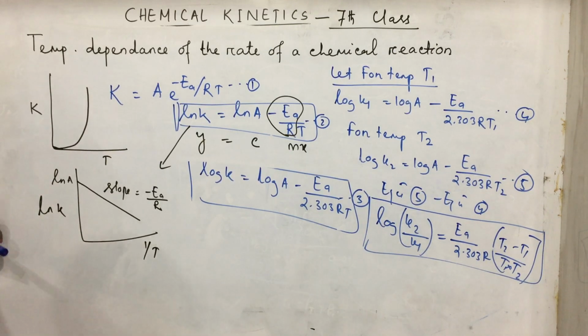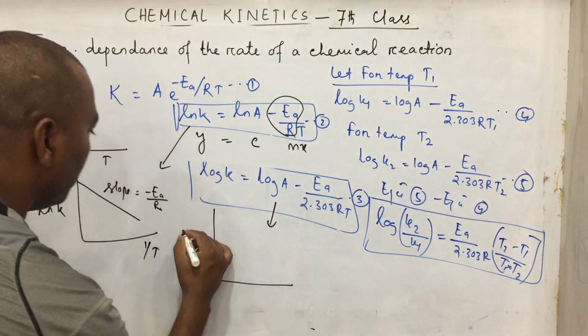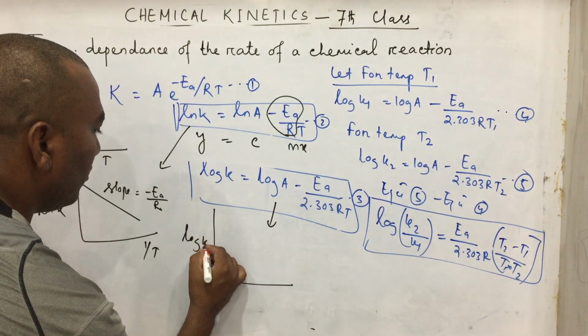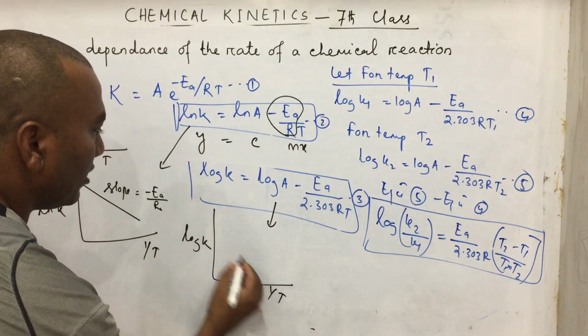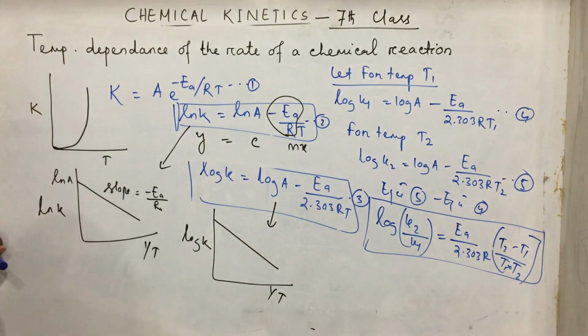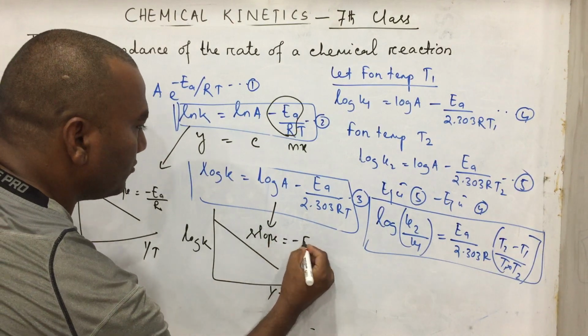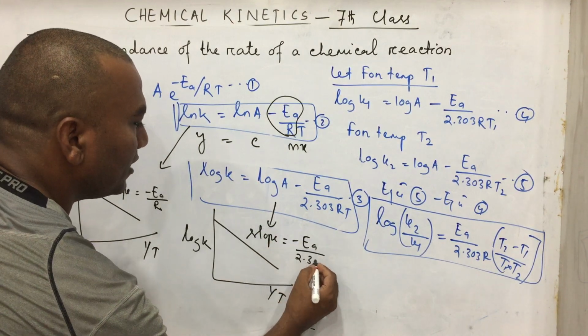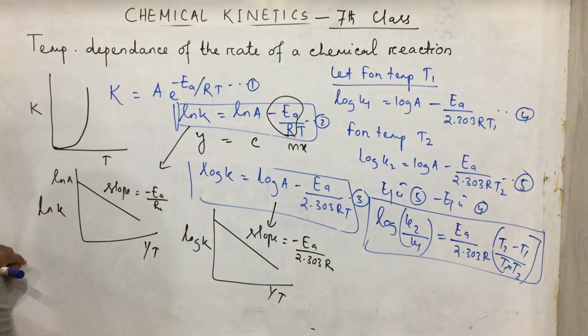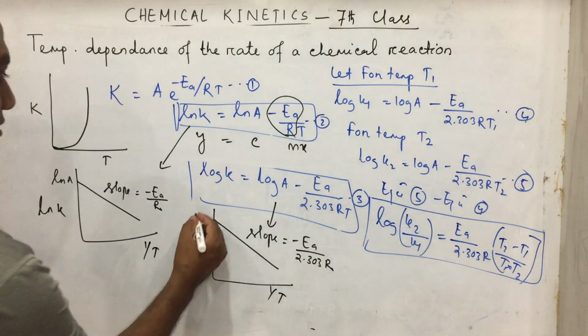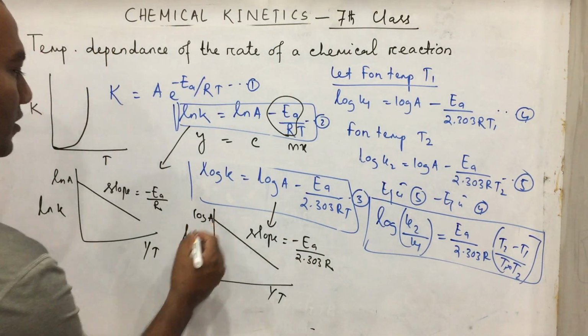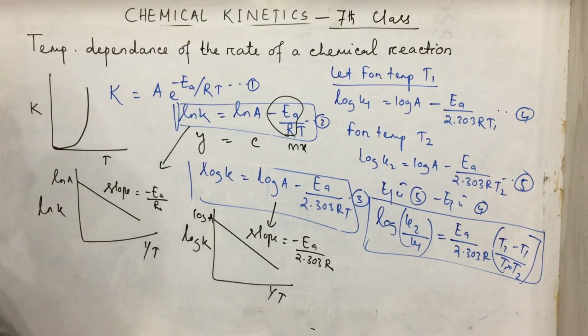Clear? Similarly, from equation 3, same format graph, if we draw log k versus 1 by T, the same type of graph will come, only the slope will be different. So the slope equals minus Ea divided by 2.303 R, and the intercept is log A. Clear?